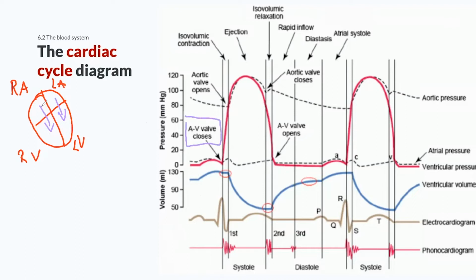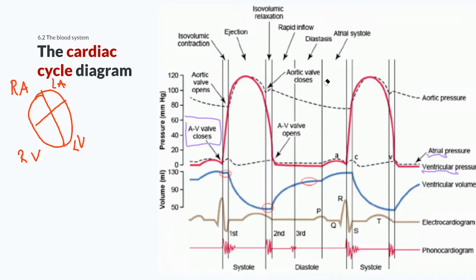So you have here the AV valves closing. They are closing because the pressure in the ventricle is higher than the pressure in the atria. If the pressure here is higher, that's going to squeeze the blood out of here like a toothpaste tube, right?